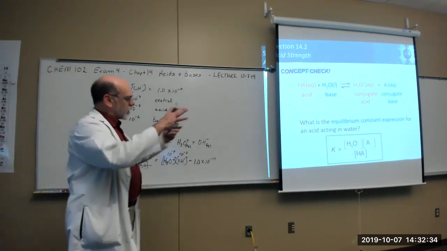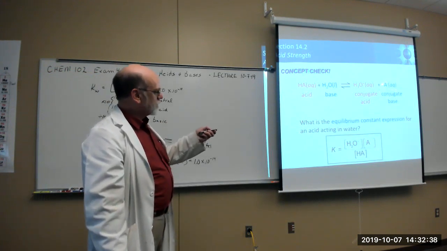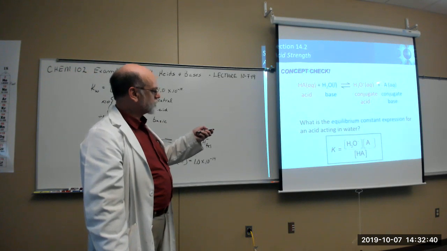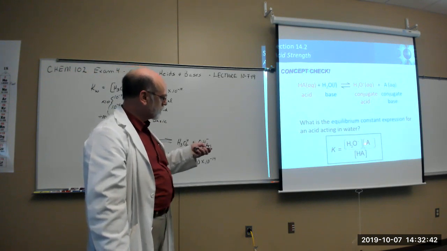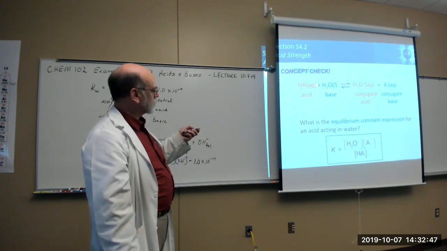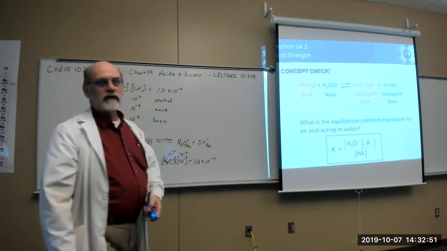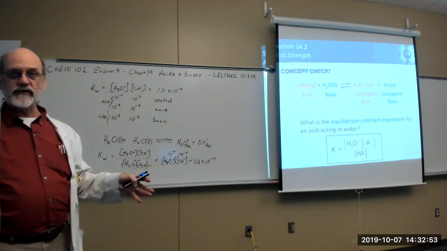So for this generic equation, if we take this product concentration times this product concentration, it goes in the numerator, and this reactant concentration goes in the denominator, and water disappears because it's a pure liquid.